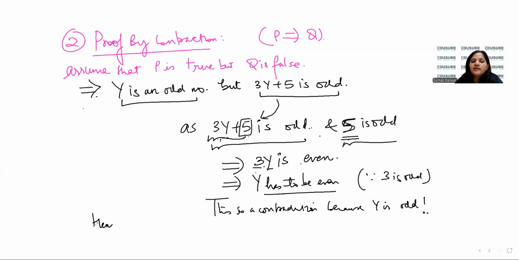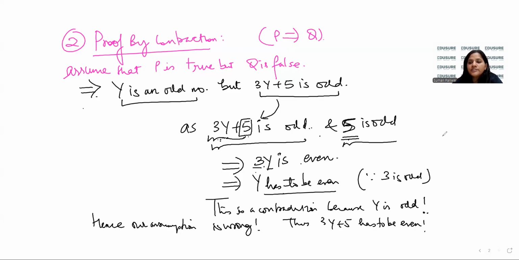Hence, our assumption is wrong. Thus, 3y plus 5 has to be even. So this is known as proof by contradiction.